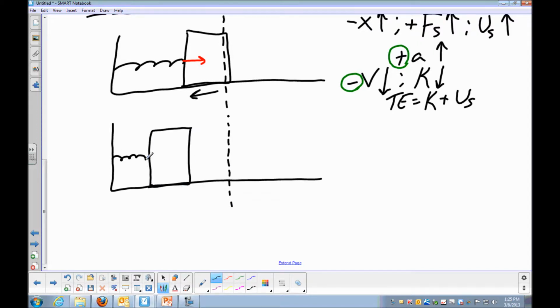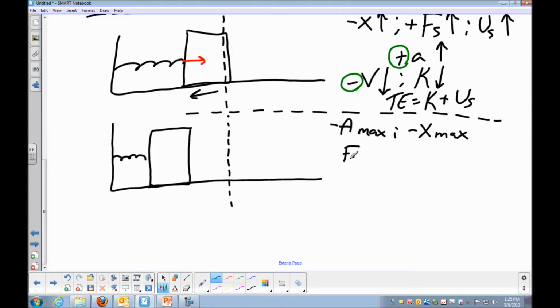So this is my full compression point on the spring, which means I'm at my negative maximum amplitude, which means I'm at my negative x maximum displacement, which means my spring force is at a maximum. And because my x is in the negative direction, my spring force is still positive.